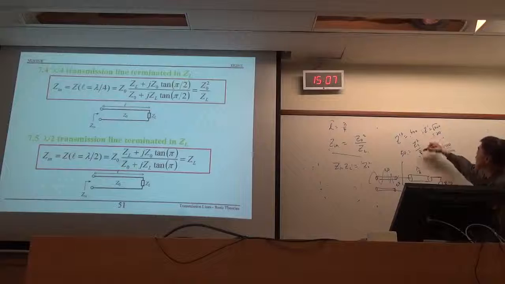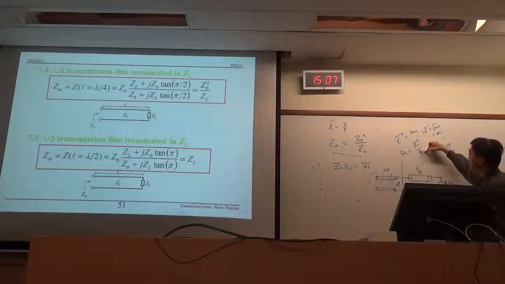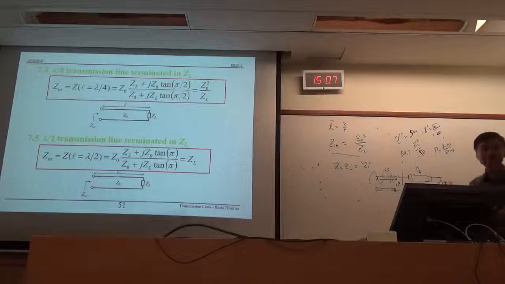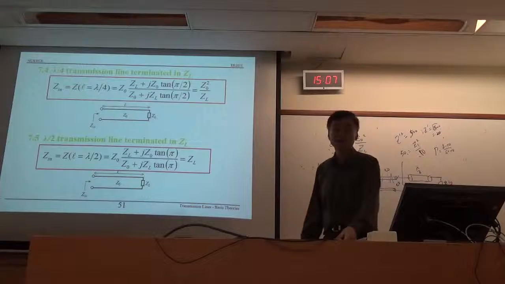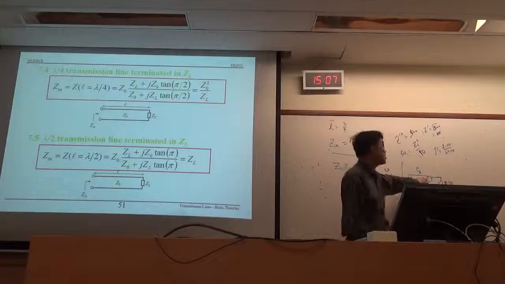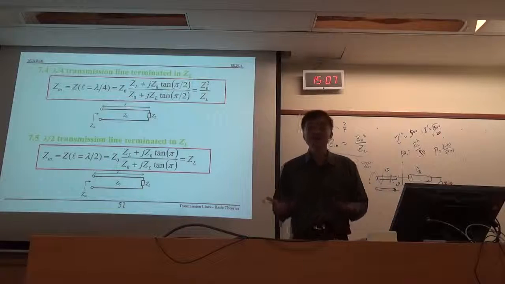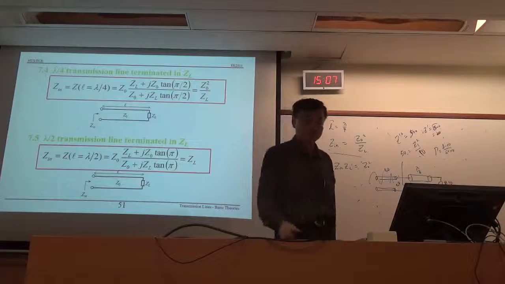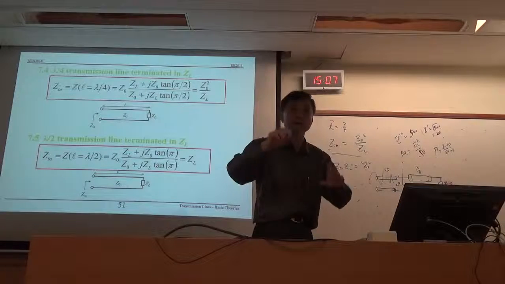Then what should I do? This one is 10, and 50 times 10 is 500. How do I find a transmission line with impedance square root of 500, which is 22 something? Where to find it? If you use a physical transmission line, it's not easy.